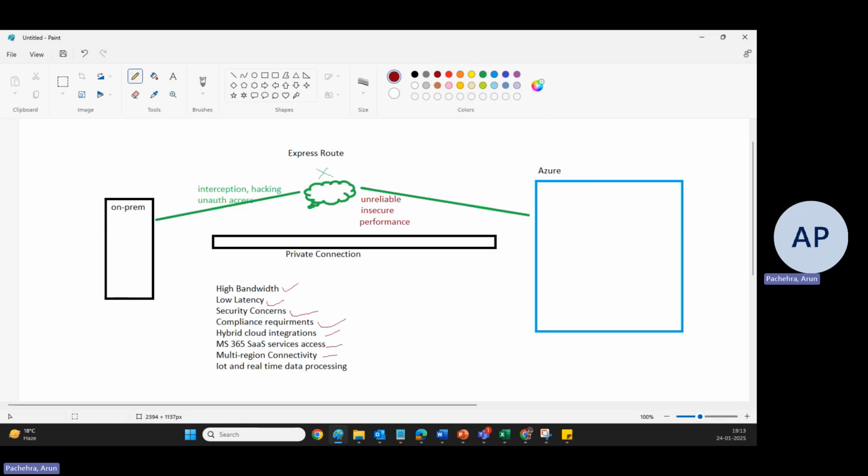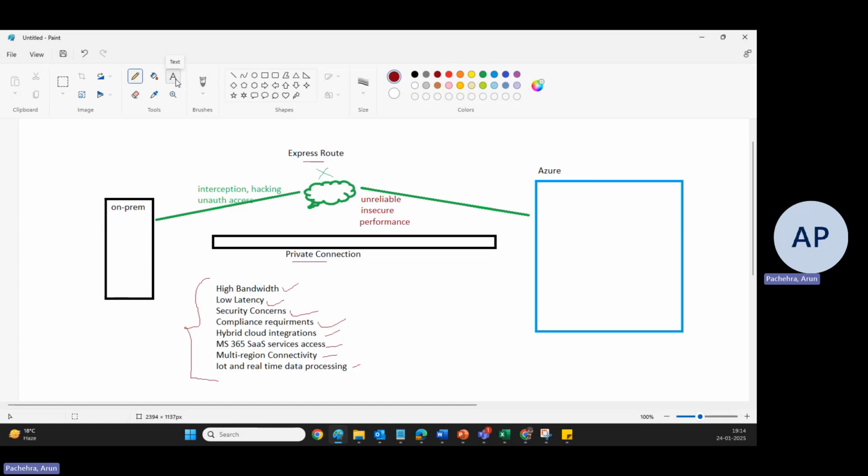And finally, if you're using IoT applications which require real-time data processing and analysis, that is challenging over public internet connections. Why? Because internet-based connections introduce latency and interruptions. So to solve all these challenges, we need a private connection, or we need ExpressRoute.